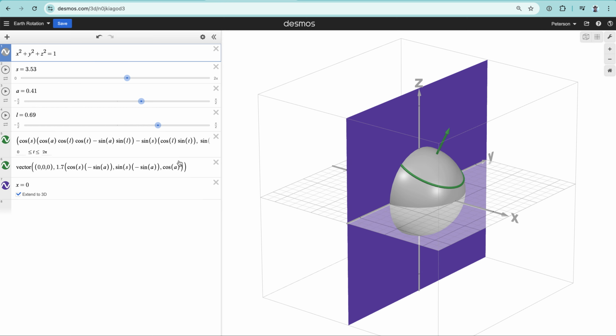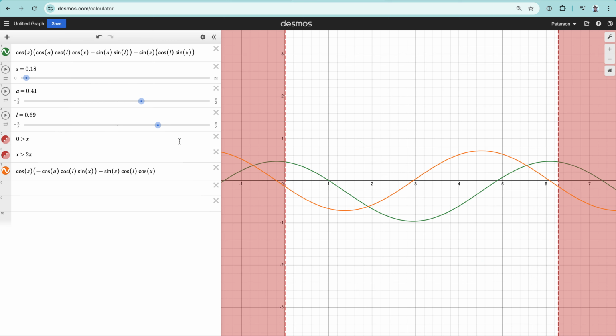So what we're interested in, because we want to know about the transition from nighttime to daytime, is the x coordinate of that parametric. So we want just this bit. So what I've done is I've taken this and copied it over to a 2D graph over here. Never mind that for the moment.